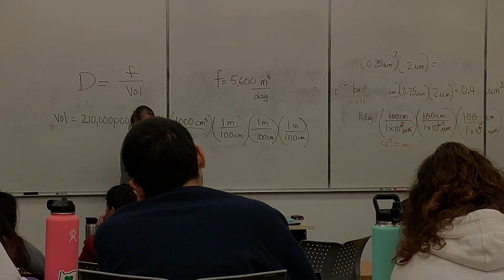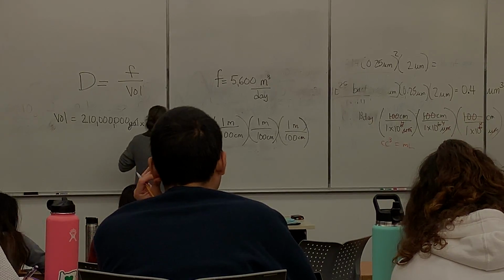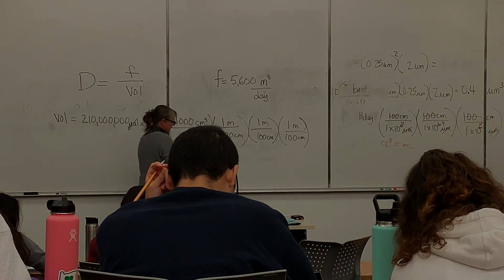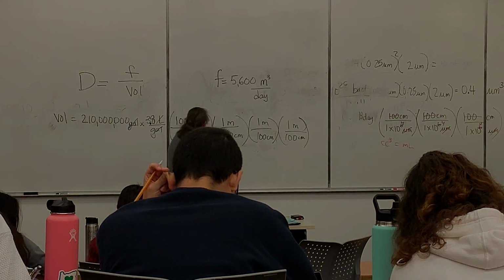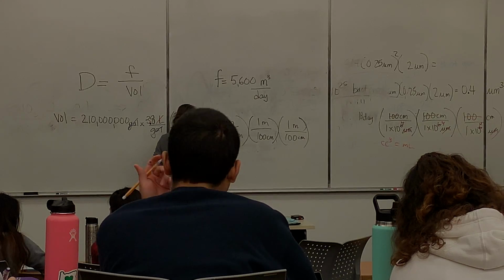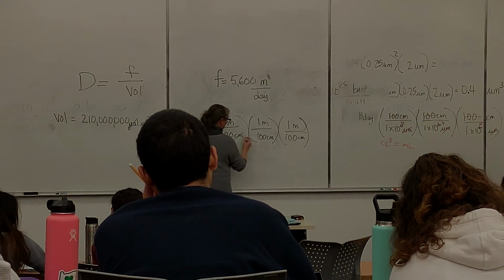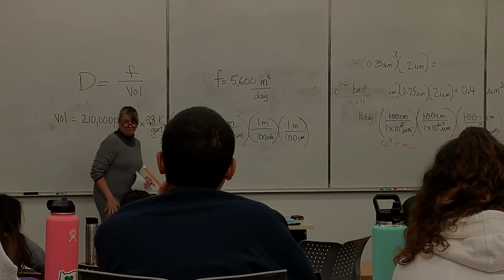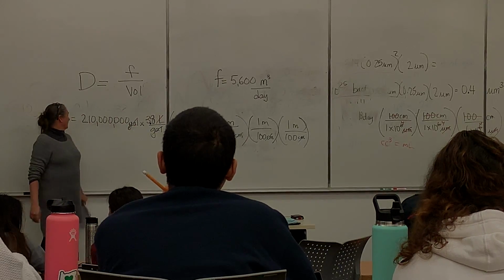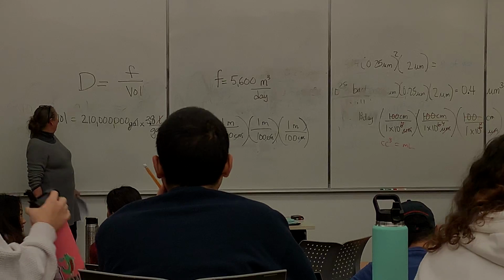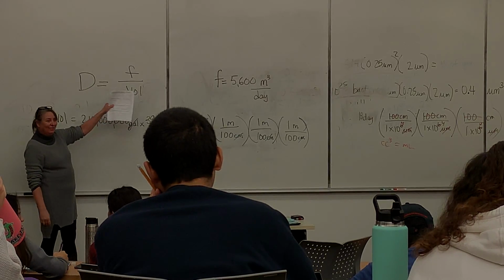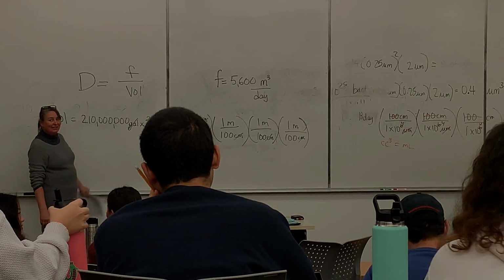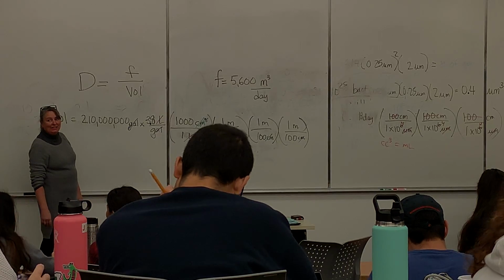Gallons will cross out. Liters will cross out. And this has 1, 2, 3, and 1, 2, 3. So we now have an F. What is our V? Do I have a V?